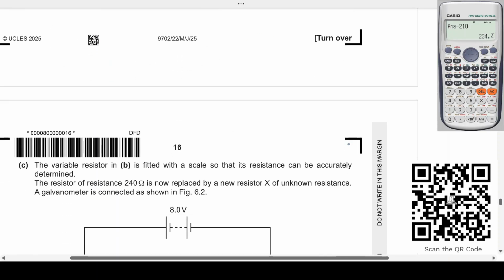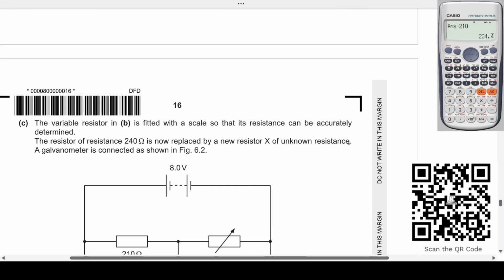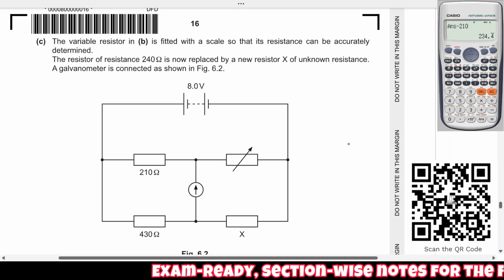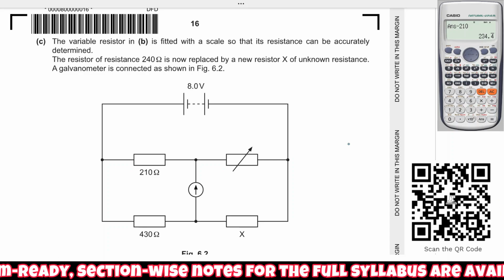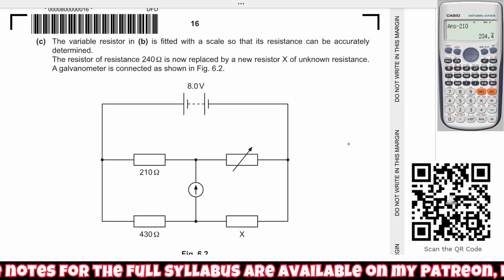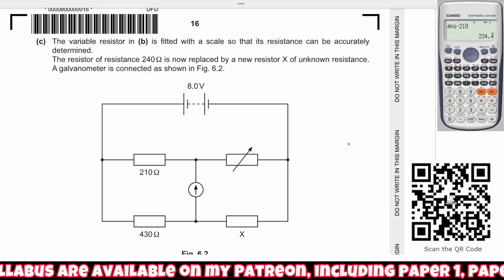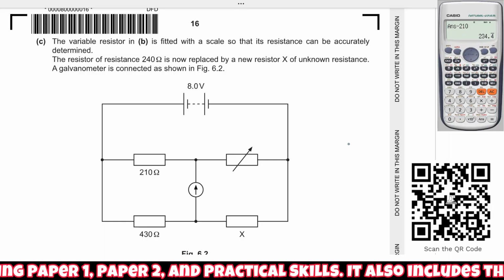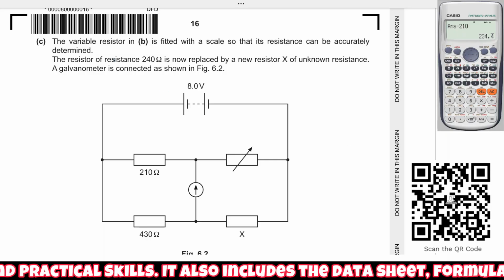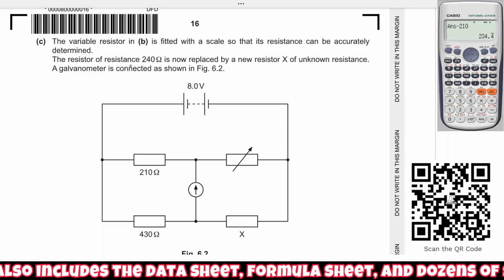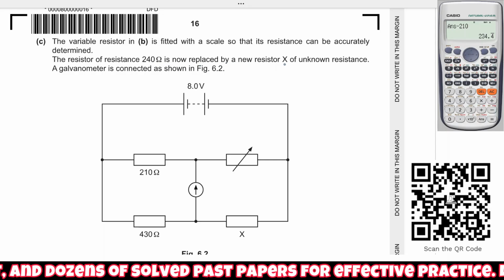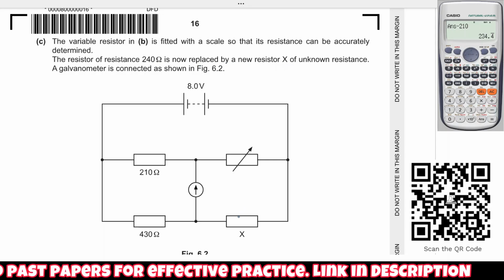Let's scroll down to the next part, which is part C. The variable resistor in B is fitted with a scale so that its resistance can be accurately determined. The resistor of resistance 240 is now replaced by a new resistor X of unknown resistance.